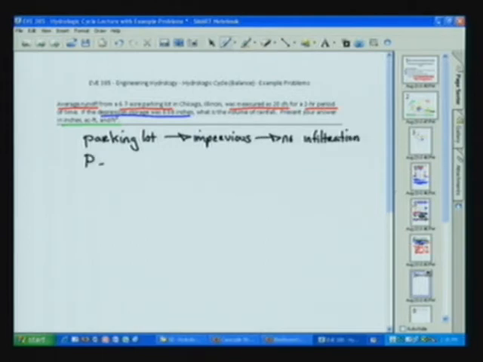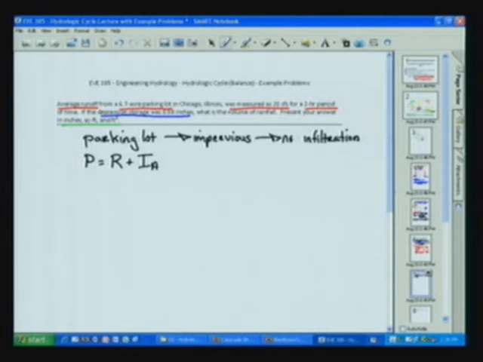And the mass balance for this, since a parking lot is basically impervious, which means no infiltration, precipitation is equal to the runoff plus the initial abstraction, which is our depression storage.